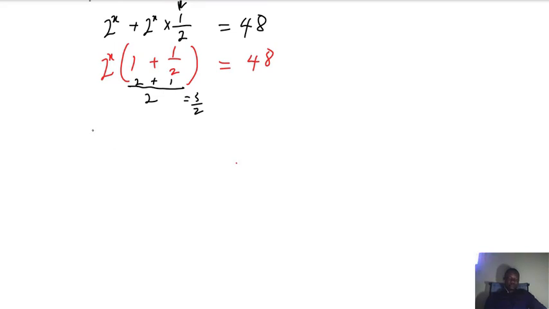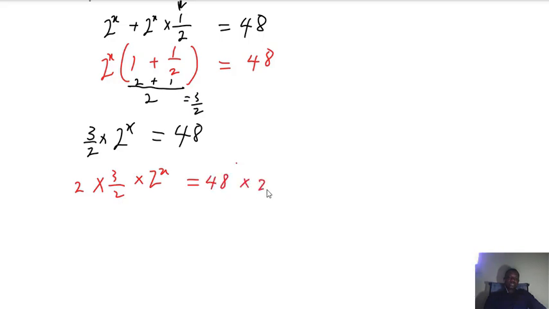So we have 3 over 2 times 2 exponent x equals 48. We want to get rid of the coefficient of 2 exponent x. First, let's multiply both sides by 2. So we have 2 times 3 over 2 times 2 exponent x equals 48 times 2.